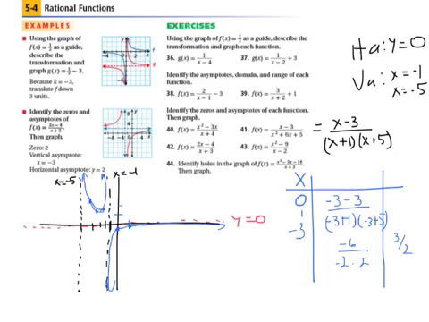And then we need something to the left of our other vertical asymptote, x equals -5. Well, -6 is an x value to the left of -5. So -6 minus 3 over -6 plus 1 times -6 plus 5.